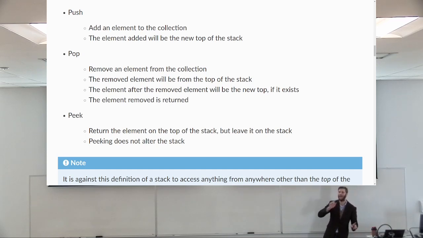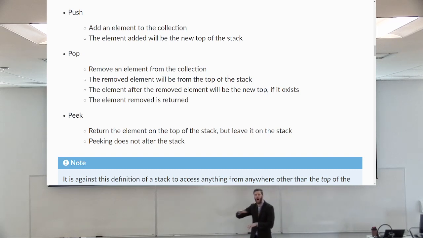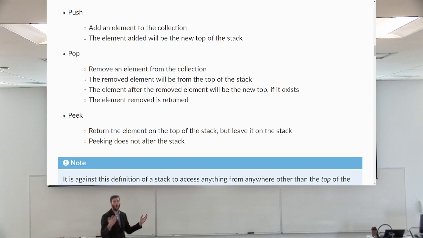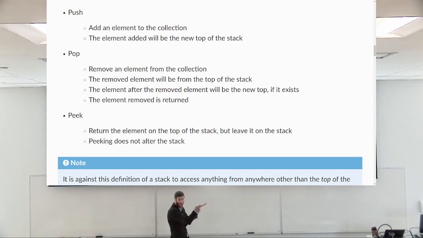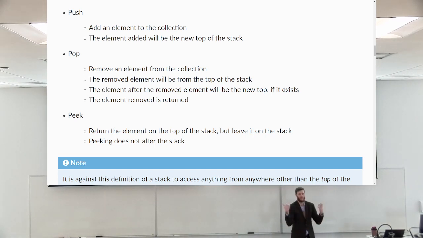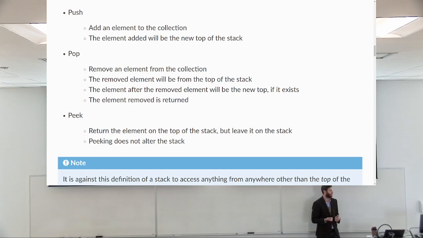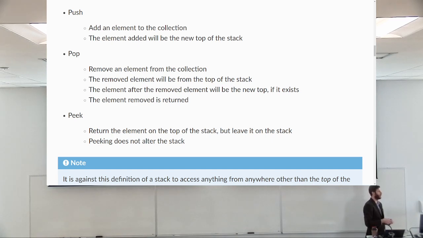And the element that was added becomes the new top of the stack. Then we have pop, remove an element from the collection. The removed element comes from the top of the stack, but it's removed. So the element that comes after is the new top. And yeah, then that element is gone. It's not in the structure anymore. The removed element will be from the top, yeah.